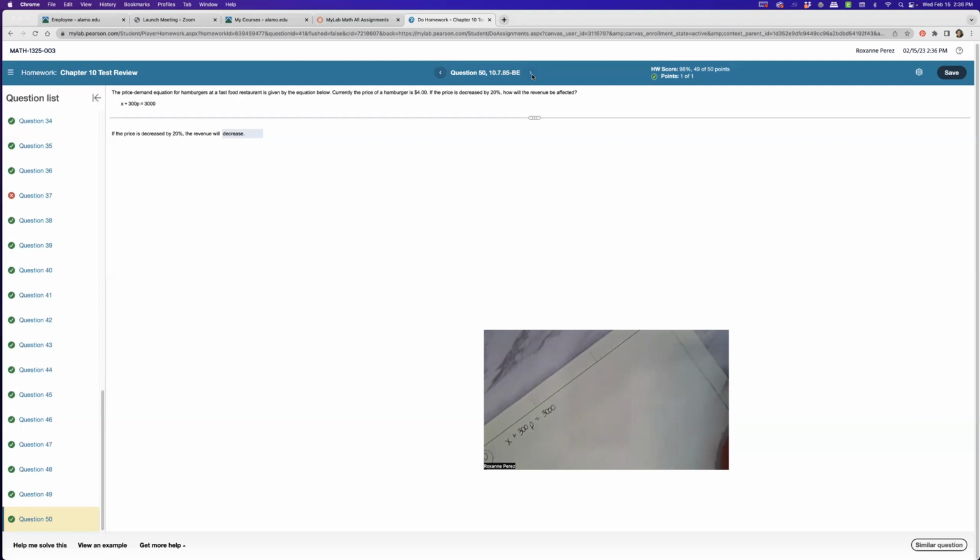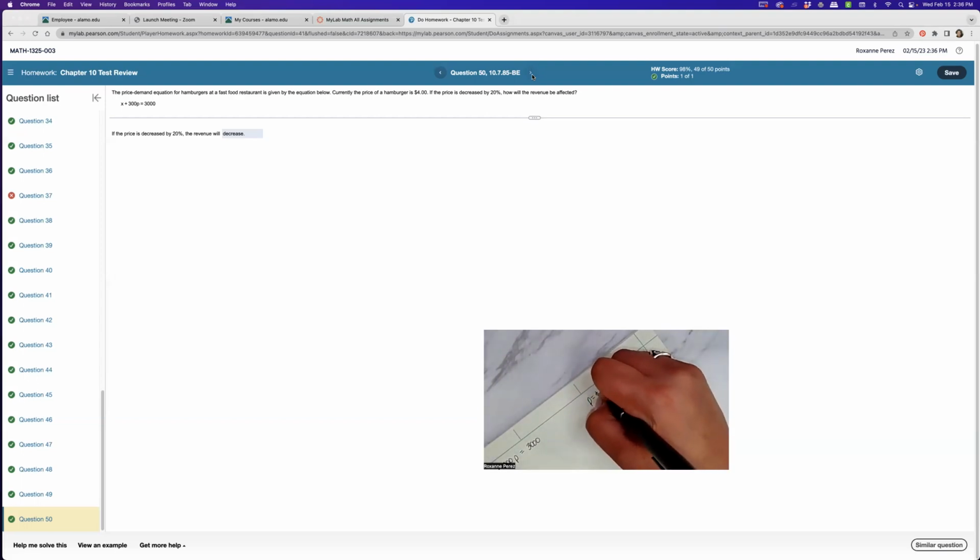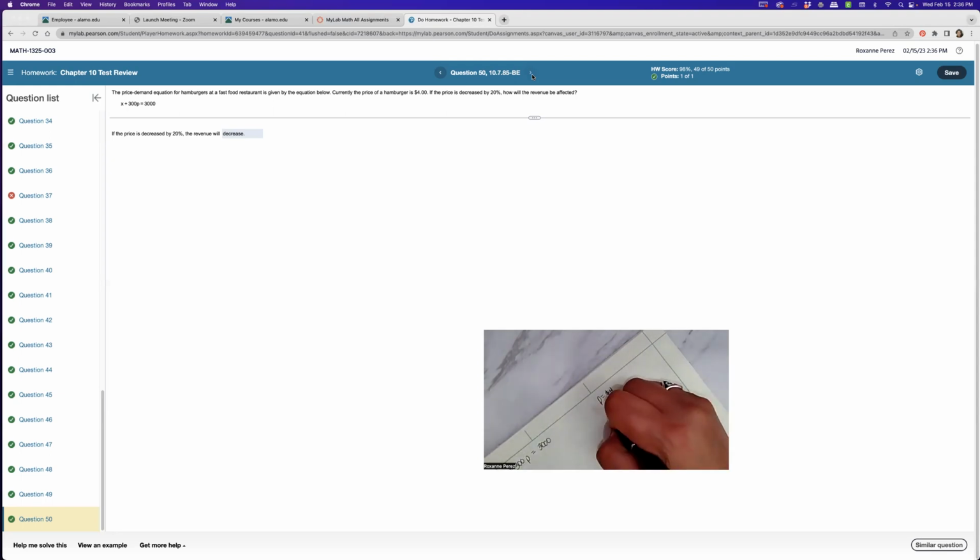Currently, the price of a hamburger is $4, so P equals 4. If the price is decreased by 20%, how will the revenue be affected?